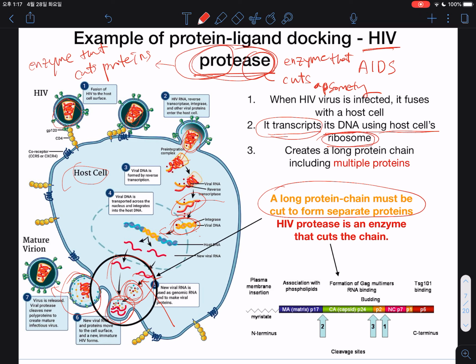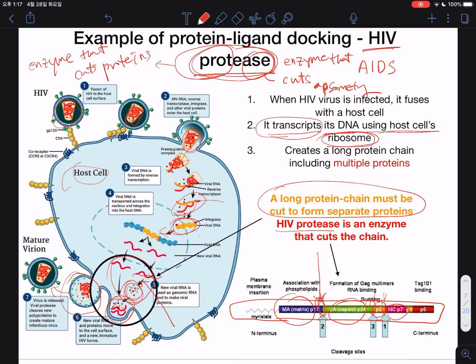So the HIV protease plays a role here. This is the whole long chain, but HIV protease comes, identifies some cleavage sites, and cuts at some necessary points. Once this long protein chain is cut properly, each protein works as expected.